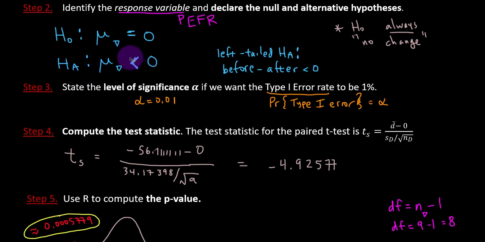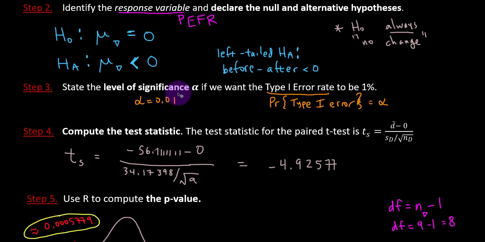And the alternative essentially states, we need to translate these symbols, that the mean difference in the peak expiratory flow rate before and after the cold walk is negative. Or we can say that the mean peak expiratory flow rate was boosted after the cold morning walk.